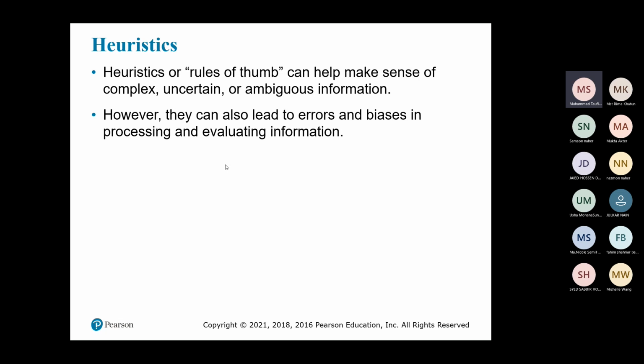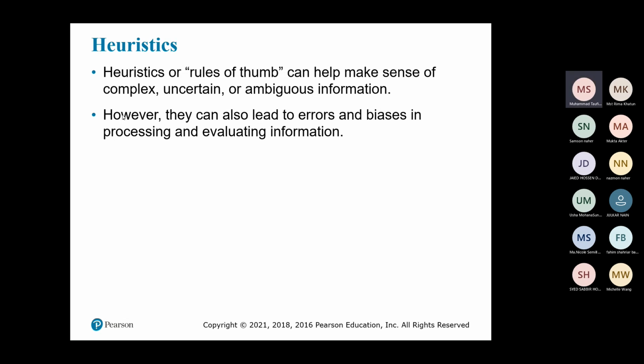So a rule of thumb can be used to help you make a decision when you are facing a very complex problem, in an uncertain situation, and the information about the problem is very little.